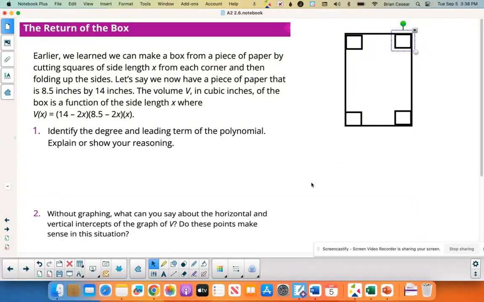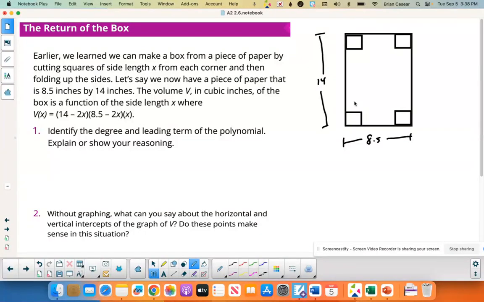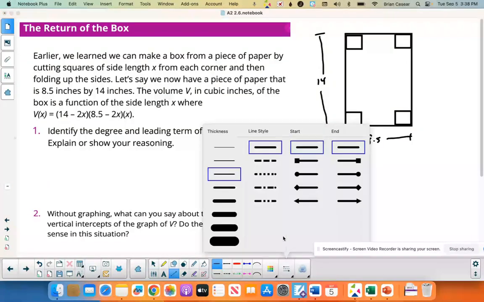So basically this side here, the whole thing is 8.5. And this is 14 from here to here.